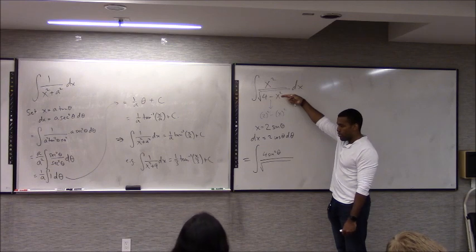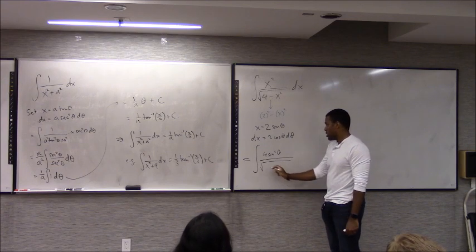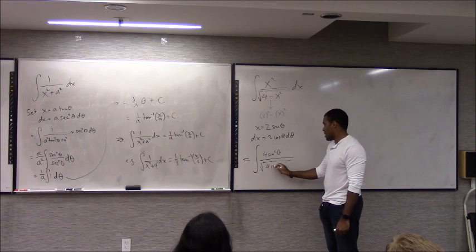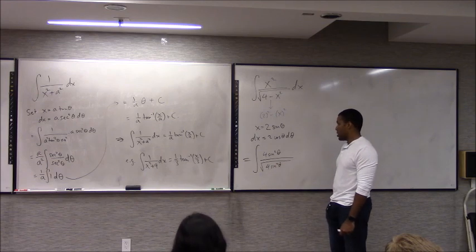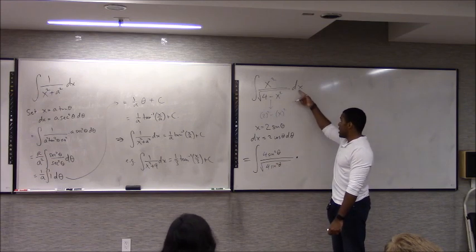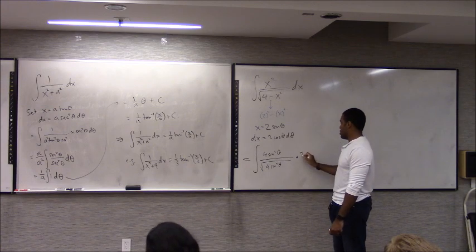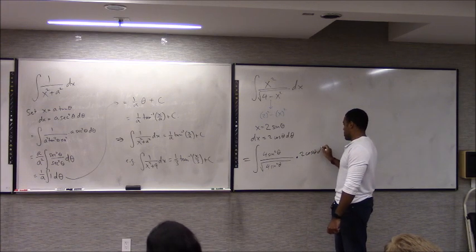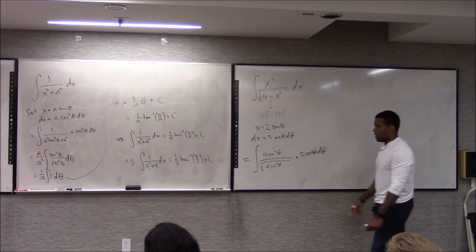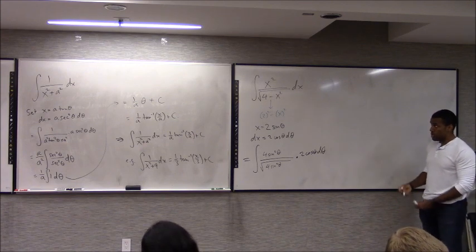You could factor out the 4 to get 1 minus sine squared. Times the dx, that's going to be 2 cosine theta d theta. So that's what this integral will transform into.